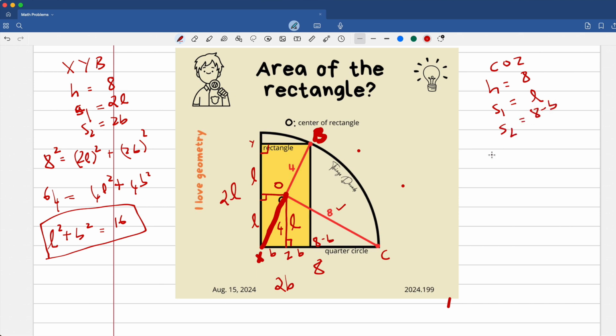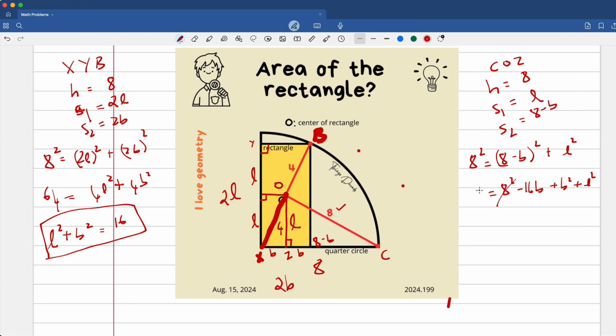Now, apply the Pythagorean rule, which is 8 squared, the hypotenuse square, is (8 minus b) whole squared plus L squared. Now you can expand this. It's going to be 8 squared minus 16b plus b squared plus L squared.